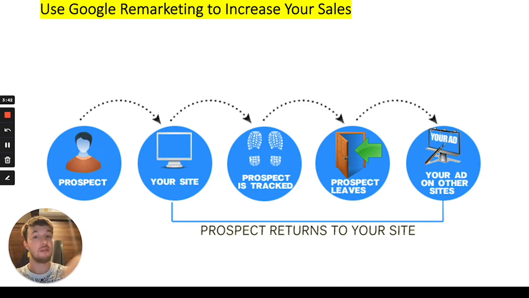So they leave, they don't buy anything, they go out of your website, and then when they go to another blog, another article, your ad is going to show up on that other site. So it's really, really powerful. The main thing is that the prospect returns to your site at the end and they buy the product from your website or landing page. So it's really powerful.